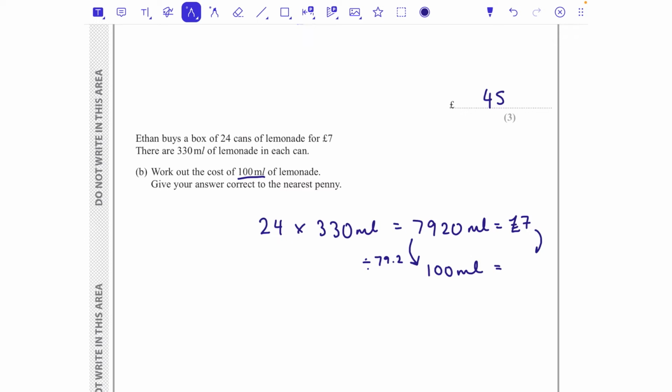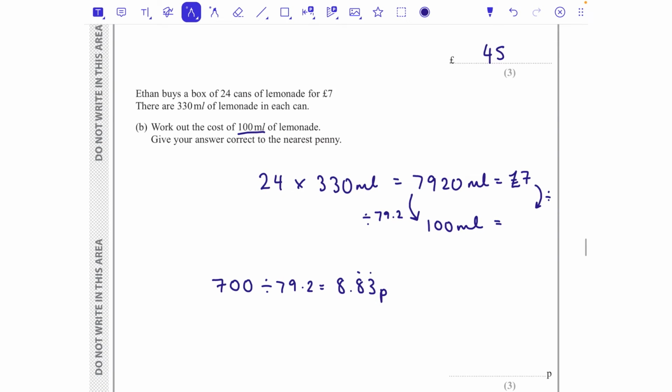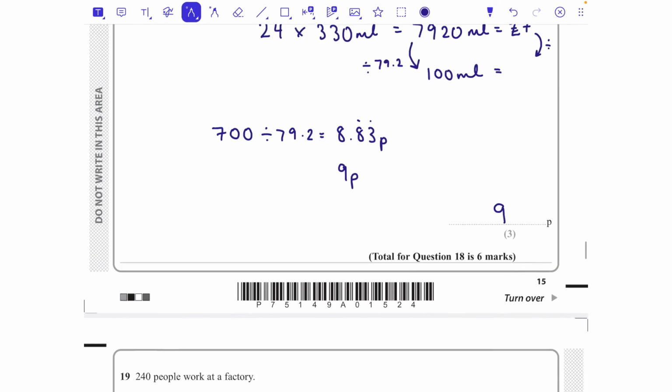So I also need to divide £7, or I'm going to make it 700 pennies, divided by 79.2, which is going to be 8.83 recurring pence for every 100 ml, and that says give your answer correct to the nearest penny, so that's just going to be 9p to the closest penny, so 9 pence per 100 ml for that one there.